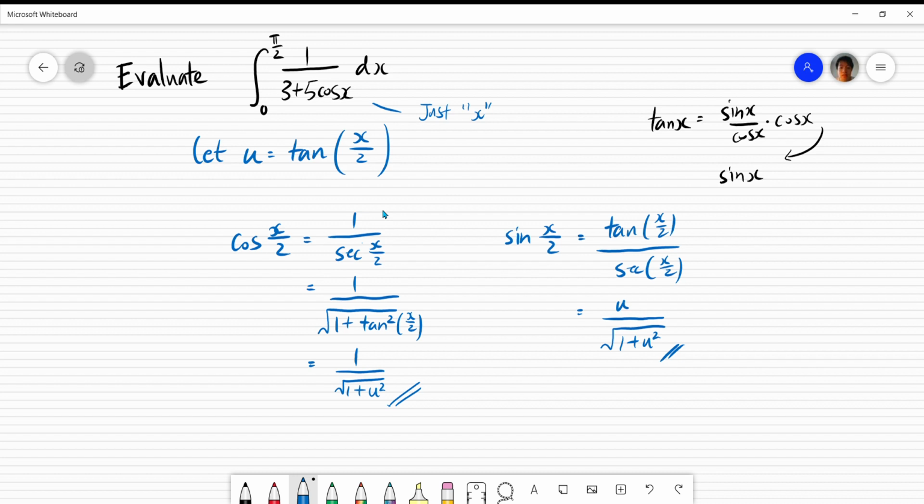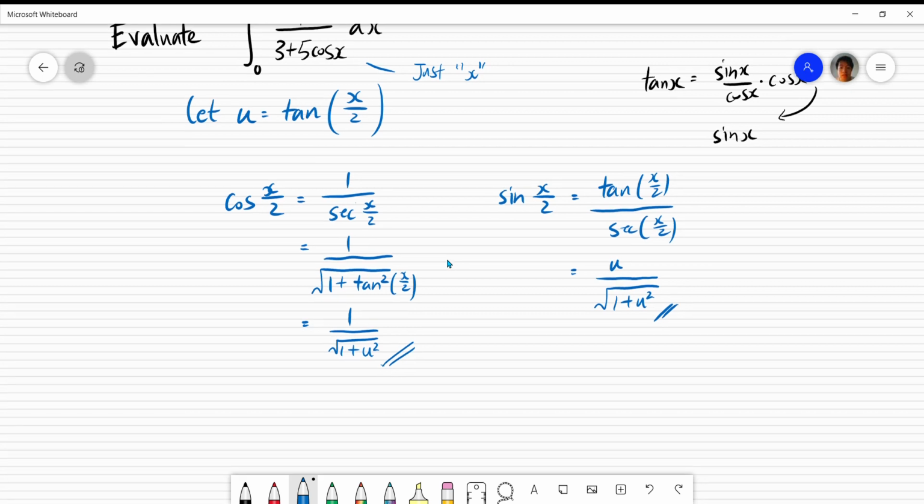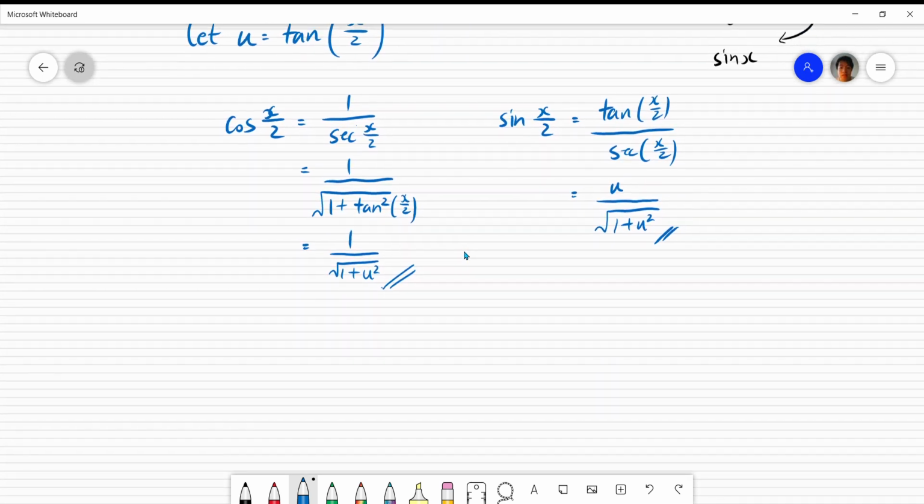So we want to find an expression in terms of u that will also give us cosine x. To do that, we're going to use our addition identities, or double angle identities.